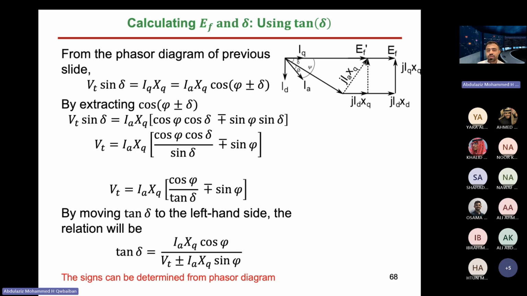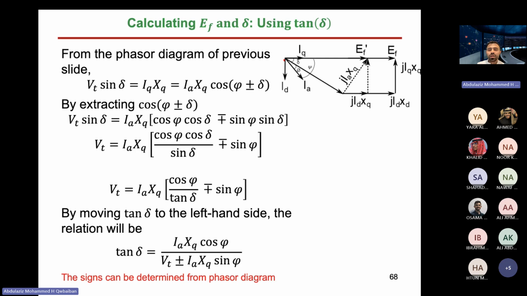This would equal XQ times IQ, which is this term. Basically, it's this component, without the j, XQ, IQ, that would be equal to VT sine delta in red. It's very similar to the constant power thing that we discussed before.